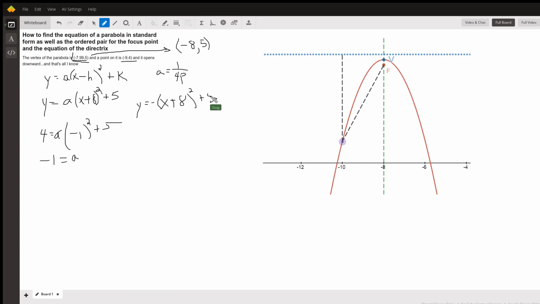Of course, this will be a lot uglier if you have a 7.99 in here. And if you want standard form, you have to square that binomial and then take the opposite of every term.